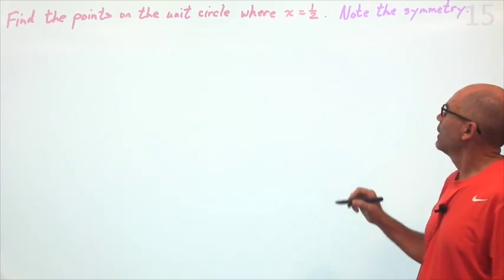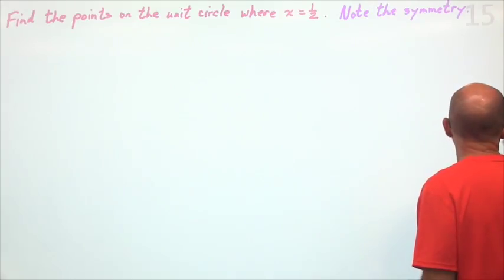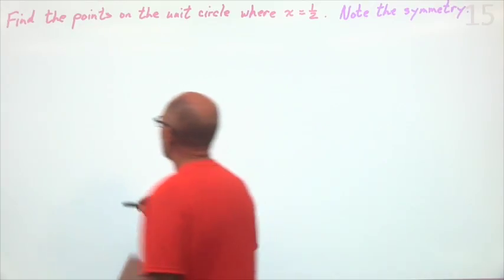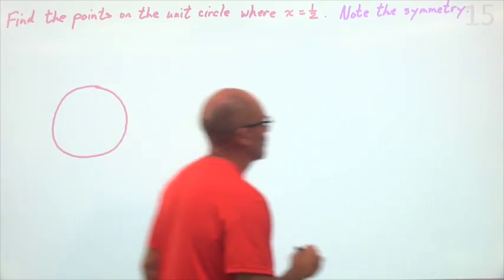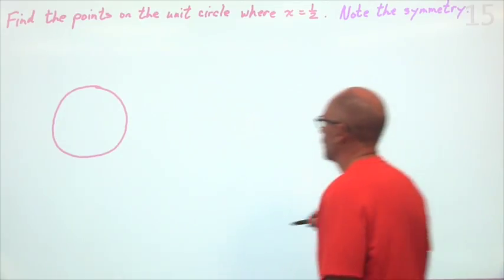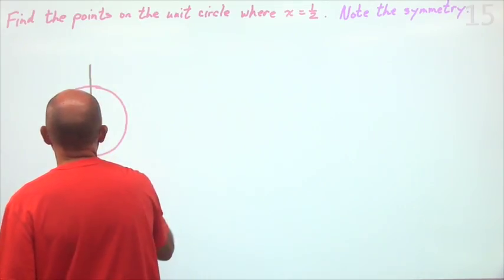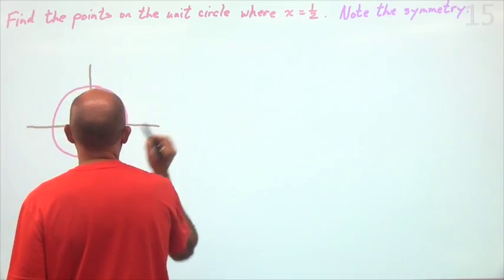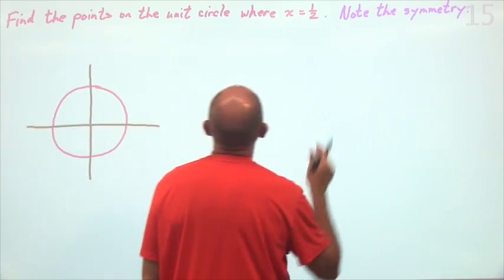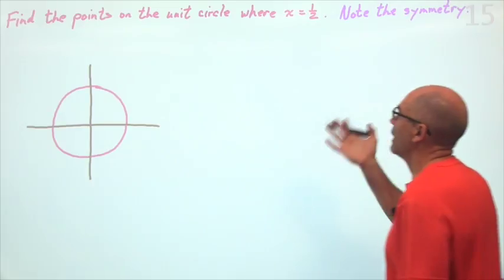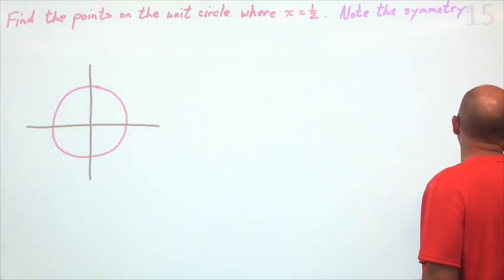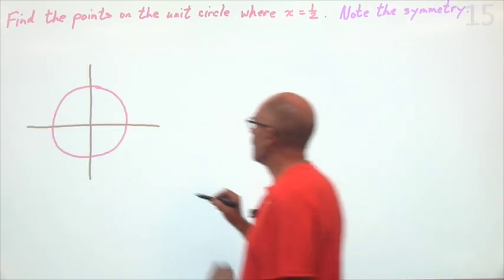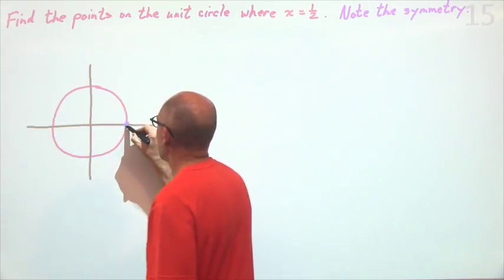All right, so let's look at our unit circle again. So we want the point, or the points, on the unit circle where x is 1/2. All right, so x is 1 right here.